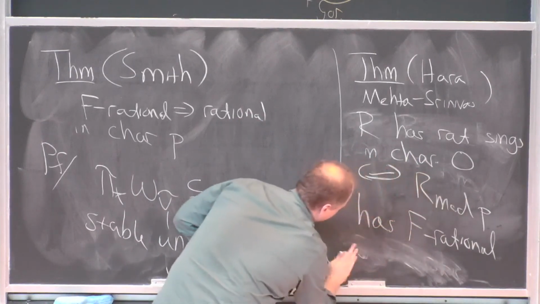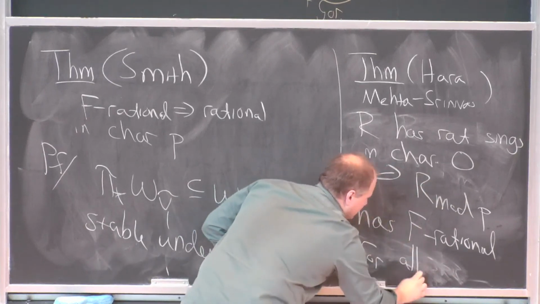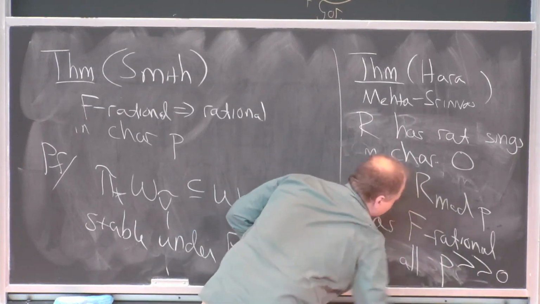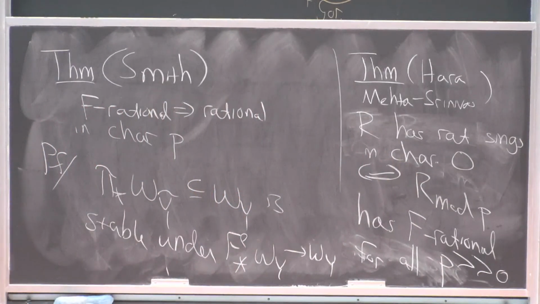Okay, I'll just write for all p big. And by that I mean for a Zariski dense set of models in my reduction to characteristic p.